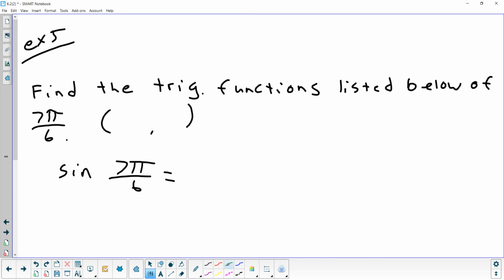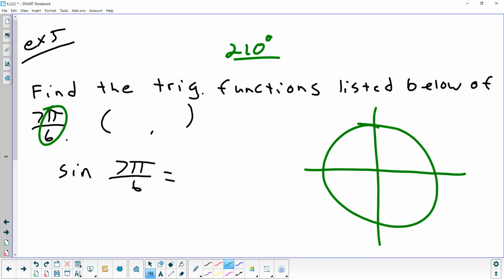All right. What might help us to make 7 pi over 6 easier to work with? Yep. Pi over 6 is 30. Times 7 is 210. So that's the angle that we're working with, 210. Is that a multiple of 30 or a multiple of 45? 30.